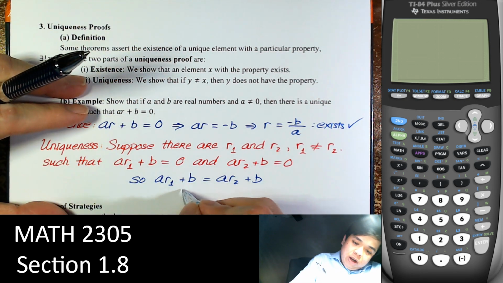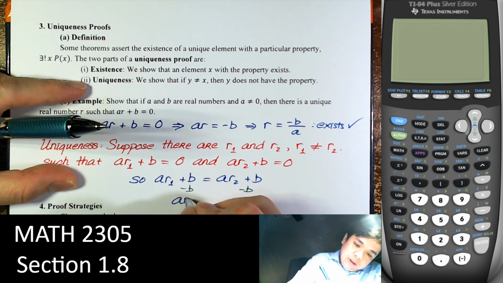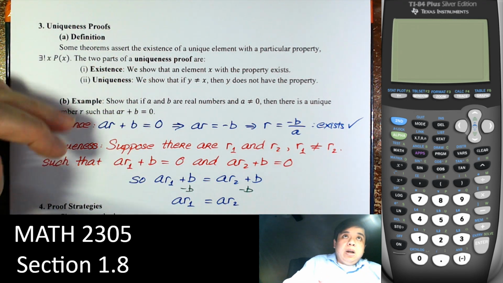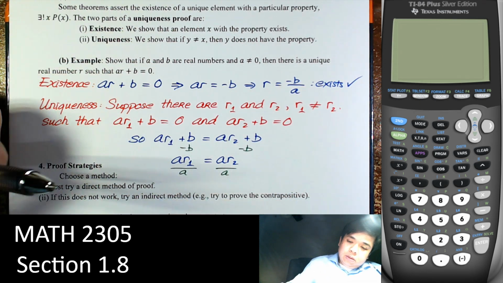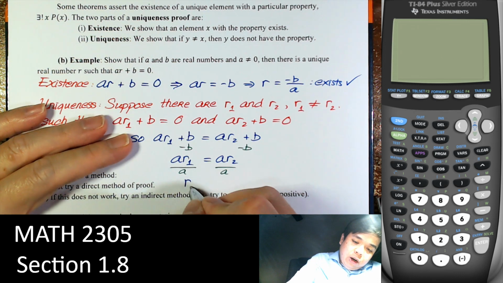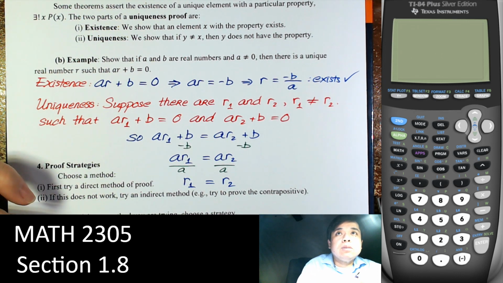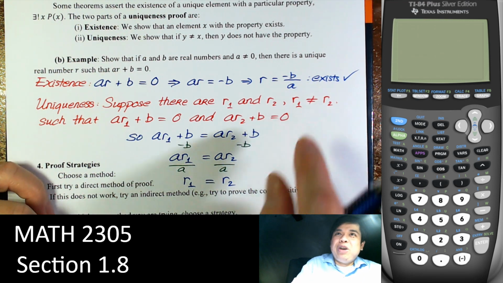And we can subtract b on both sides, and then divide by a on both sides. So R1 equals R2. Of course, that contradicts what we assumed earlier, right?